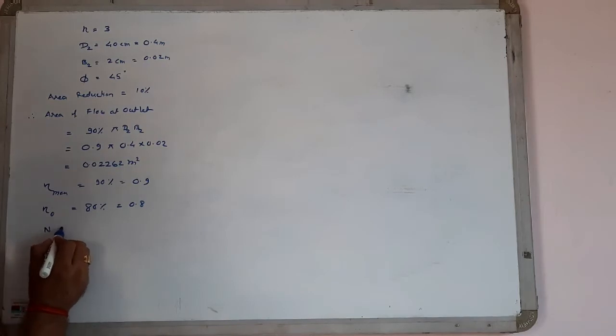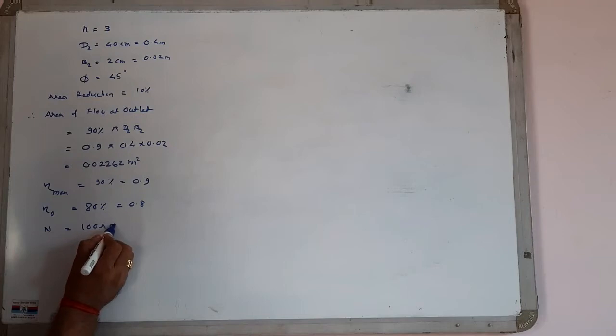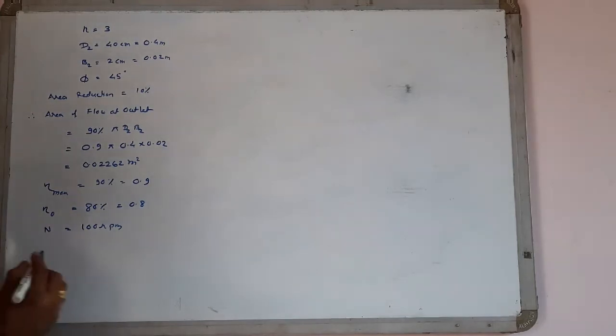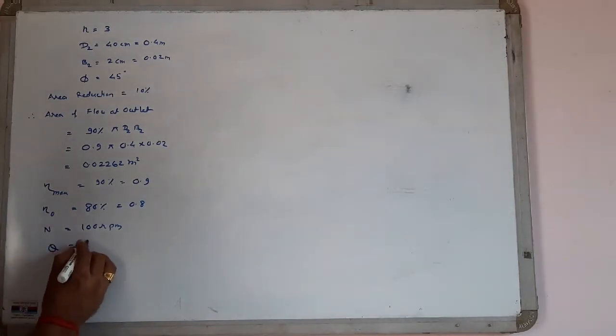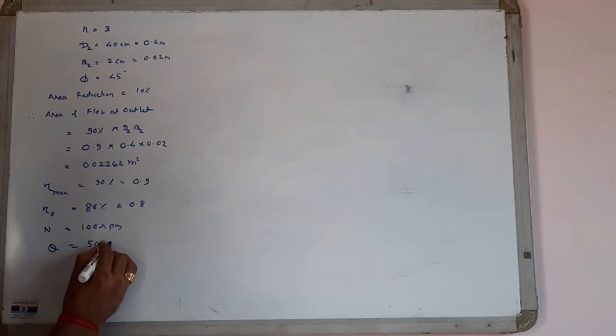Speed is given 1000 RPM. Discharge is given 50 liter per second. So we have to determine head generated by the pump and shaft power.